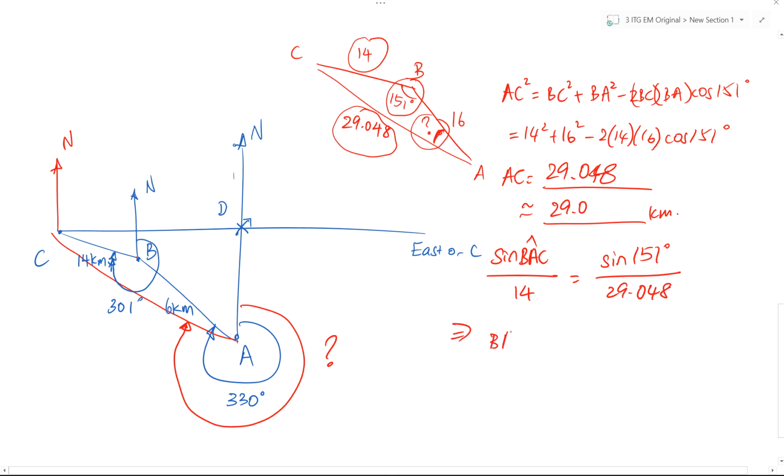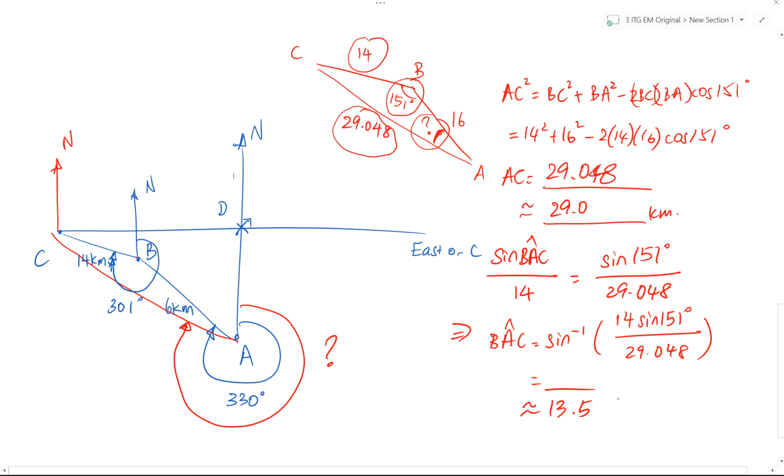Now, BAC will be sine inverse of 14 sine 151 over 29.048. Okay? So get the answer, round off. What's the correct answer? 13.5.